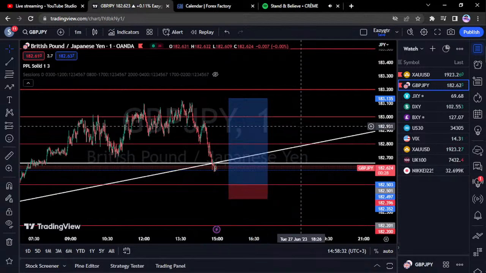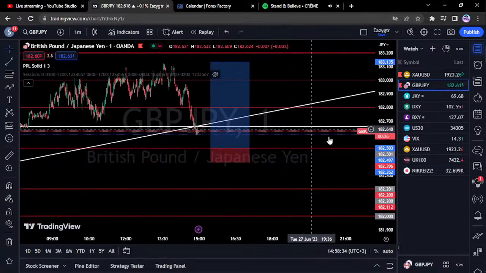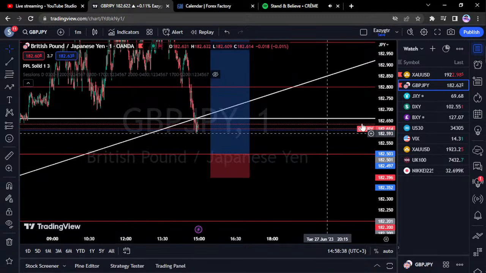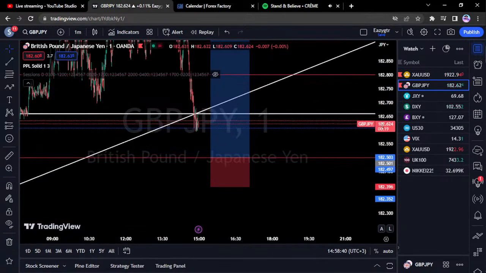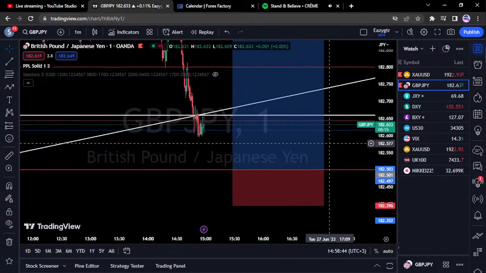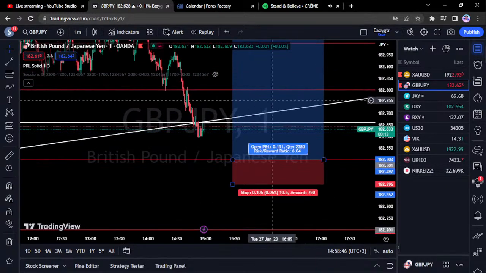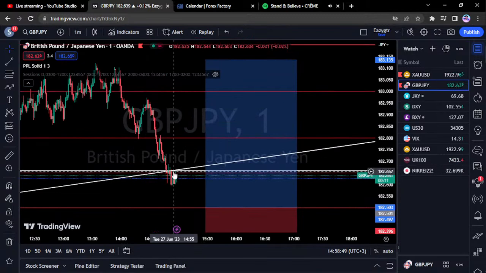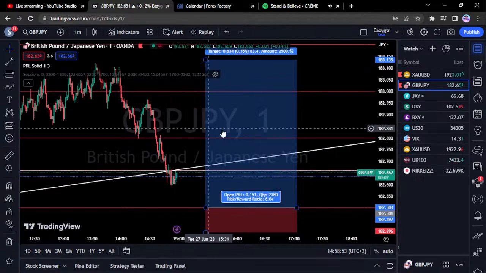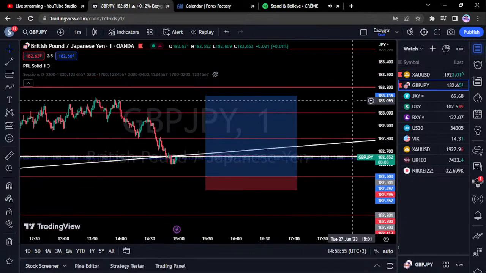So this is around 60 pips. So this is the most favorable entry you could get today. Else I'd have to wait for price to come above 182.800 to validate more buys. Okay, so I think I am clear.